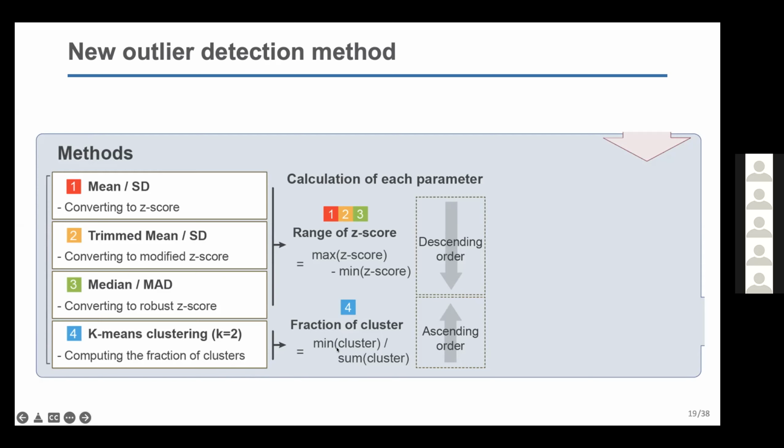I thought the outliers would make a small subgroup, so I can calculate the smaller fraction of the cluster, and that will contain the outlier patients.